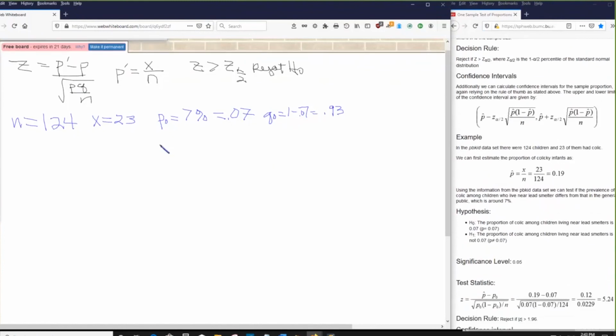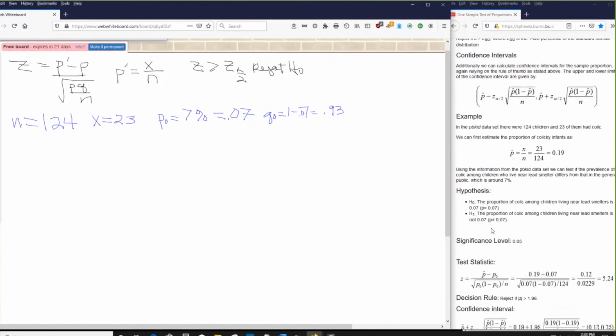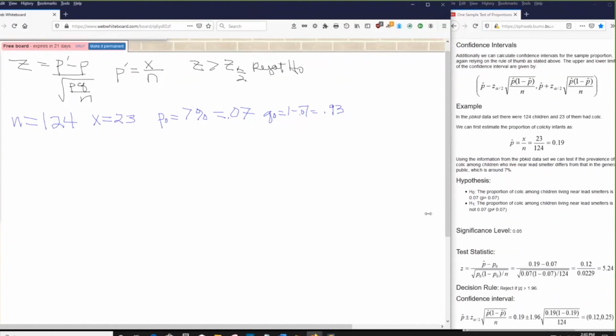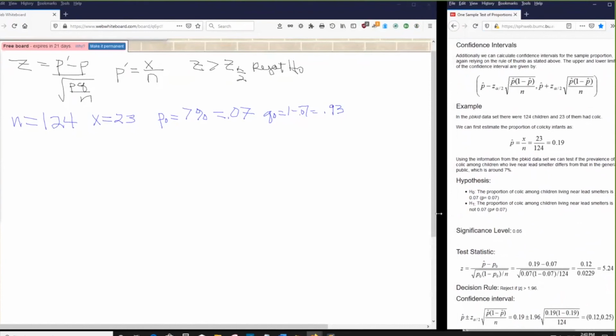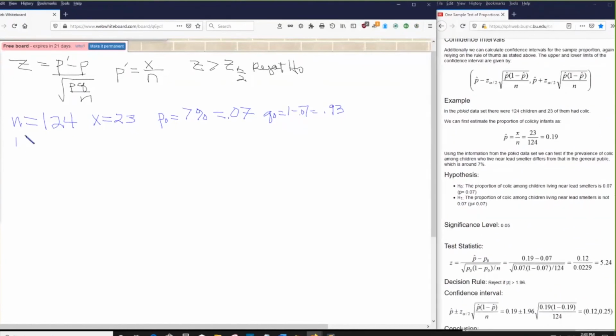Okay, so here's our hypothesis. We can see it's written out here in this text. So we're going to make our null hypothesis the proportion of colic among children living near lead smelters, which is 0.07. So our P for our null hypothesis is going to be 0.07.